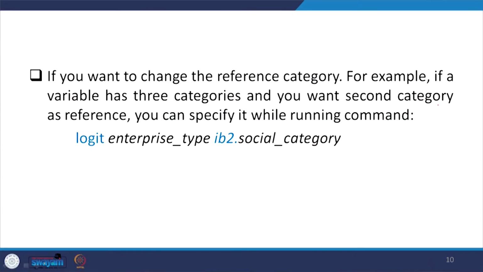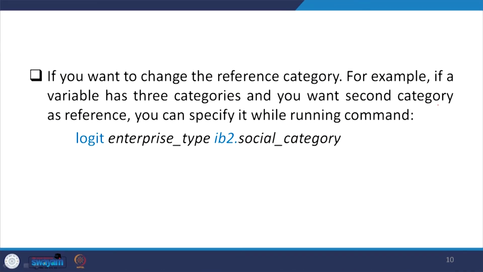But there are techniques, if we add it, it gives the particular category as the base category. Like in rural urban, by default rural was 1 for us, 2 for urban. So, 1 is considered as the base category by default. If you specify ib2 dot, that means it specifies the second one as the base.